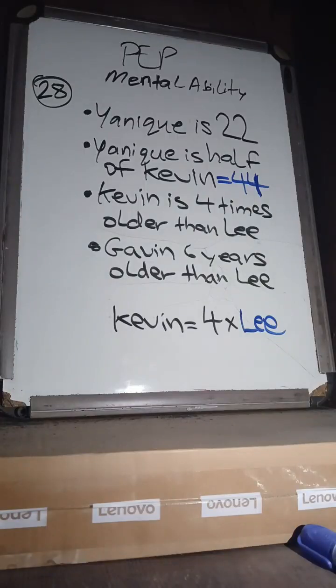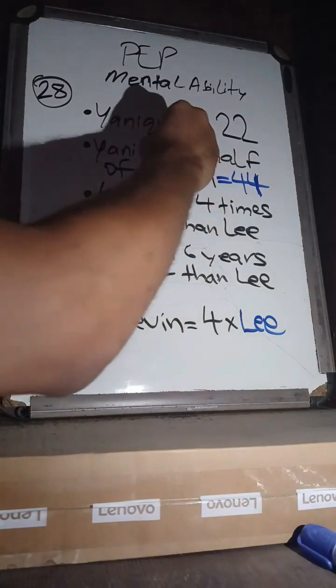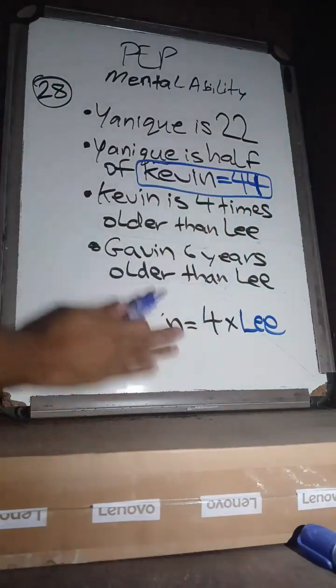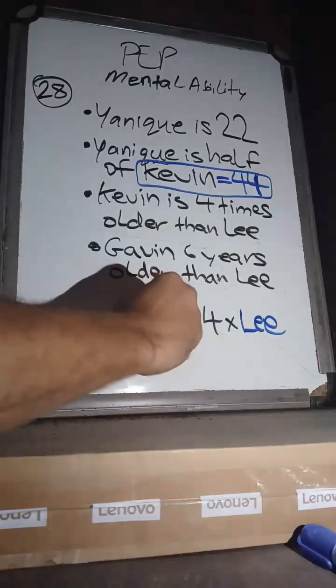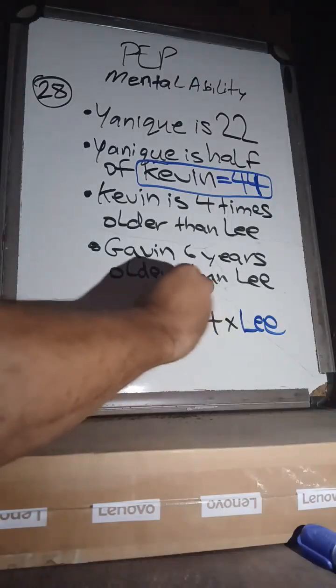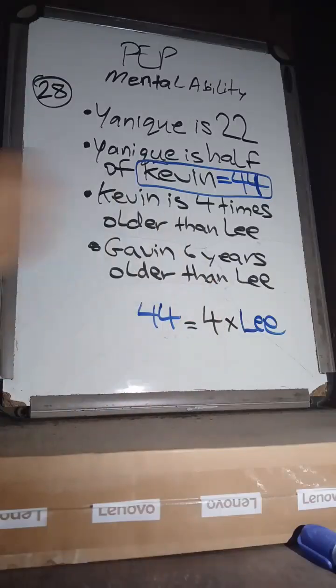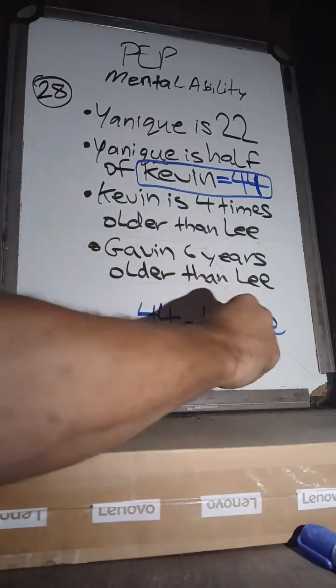But Kevin happens to be 44. So we're replacing Kevin with 44. I never write that properly. There we go. So now let's divide both sides by 4.